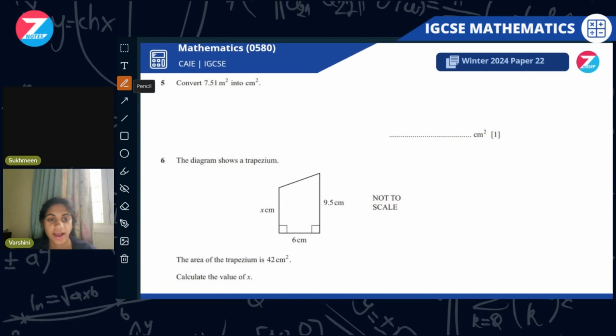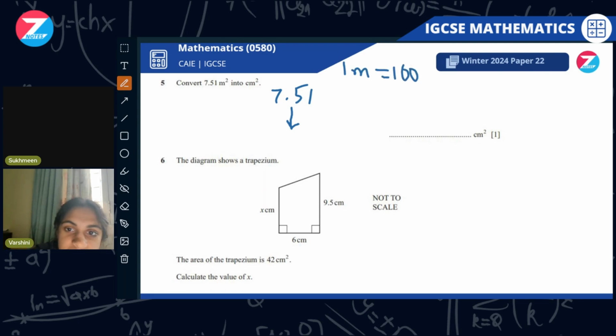Convert 7.51 meters squared into centimeters squared. Okay, so we know that 7.51 is meters squared, which is meters into meters. Now we want to convert this to centimeters, and we know that 1 meter equals 100 centimeters.